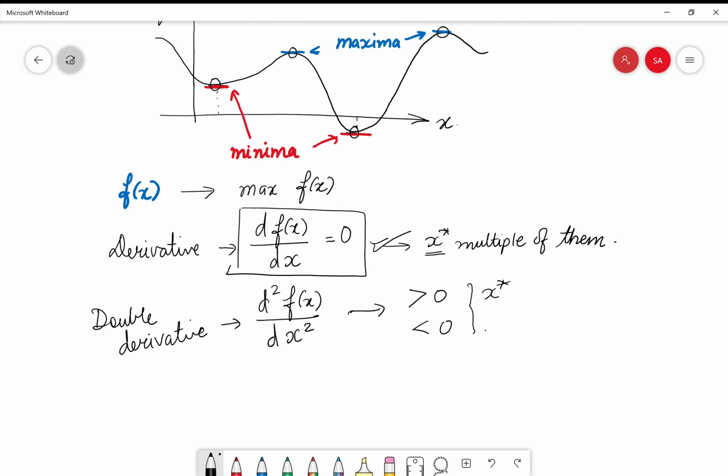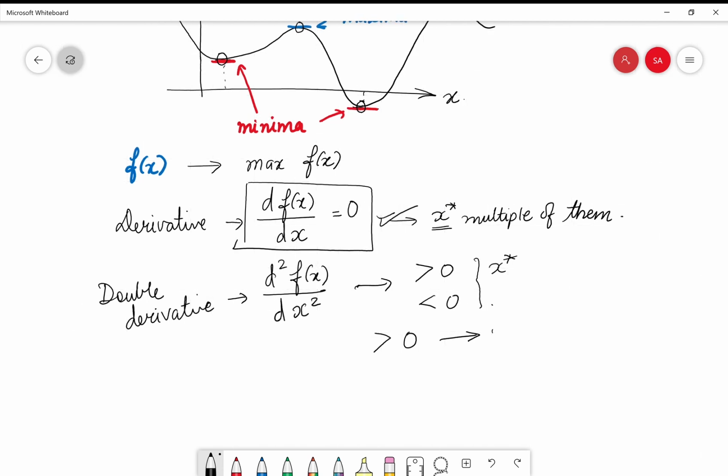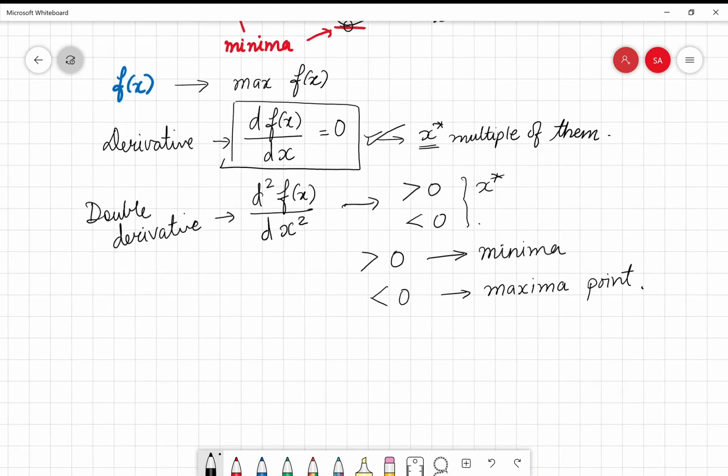If it is greater than 0, it is a minima point, and if it is less than 0, that particular point is a maxima point. I hope you did all these things in high school and are familiar with these concepts.